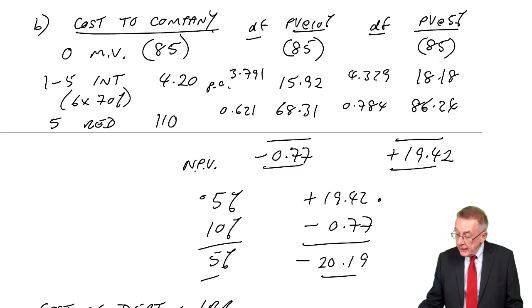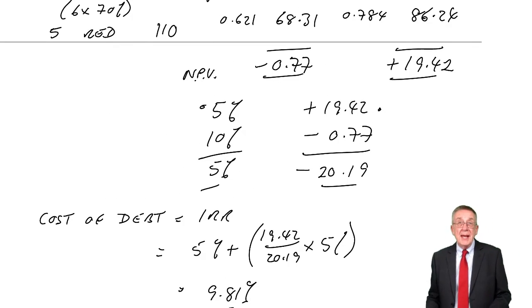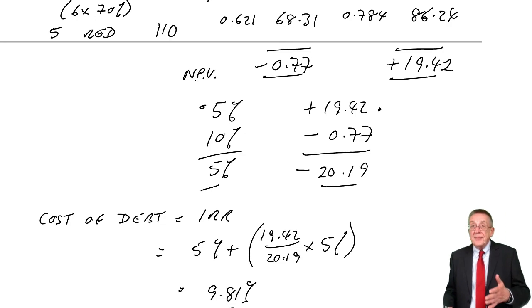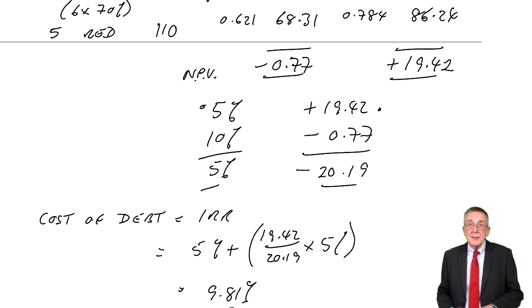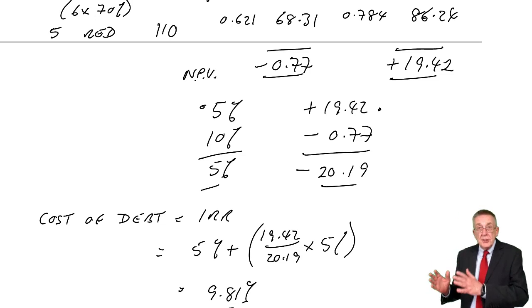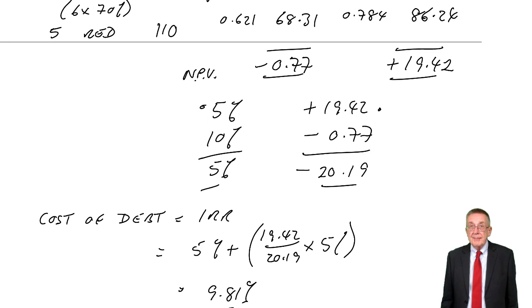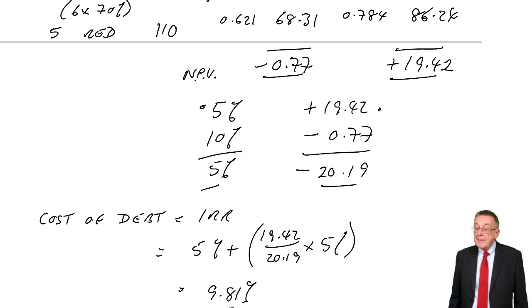The relationship isn't linear, so it's only about 9.81%. With different guesses, you'll end up with slightly different answers. In a section C question, that doesn't matter. You would still get full marks if you'd used different guesses, provided obviously you'd done your workings right.